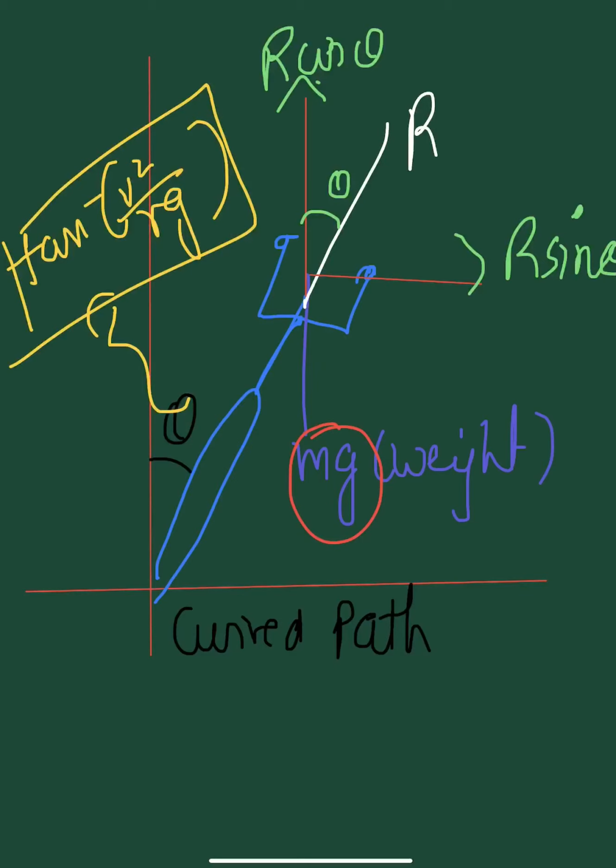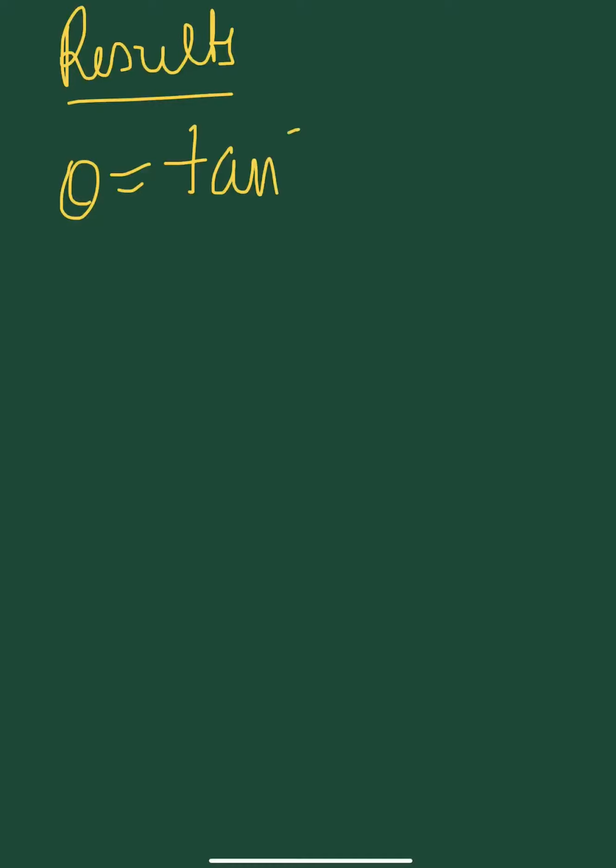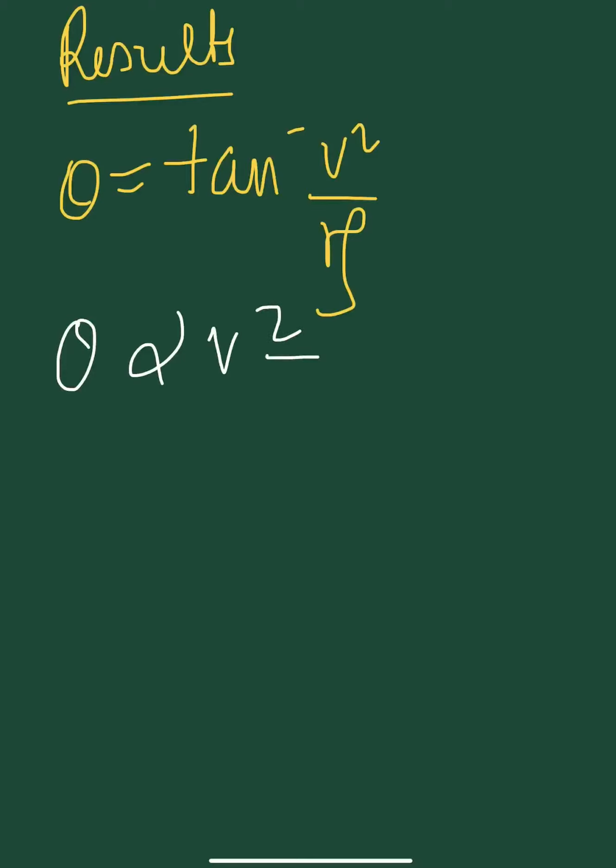Now if I go through this formula once again, I can derive two results from it. Theta is tan inverse v square by rg. That means theta is directly proportional to v square, that is the velocity of the cyclist.